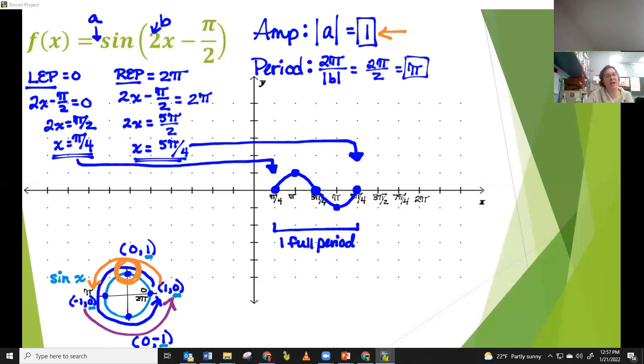When we were talking about this yesterday, I told you guys you're going to have to graph how many full periods for me. How many full periods do you need to graph for me? 2 full periods. We can go forwards with it. We can go backwards with it. Why don't we go forwards with this one? So if I was going to continue this pattern on in this direction and get another full period, where do I go after this? How do I start repeating that pattern again so that my wave continues on?